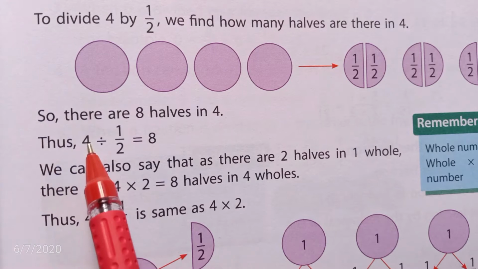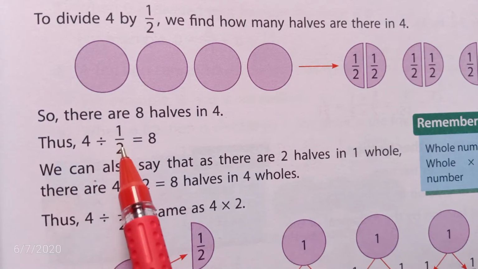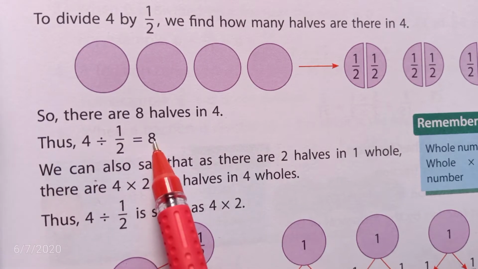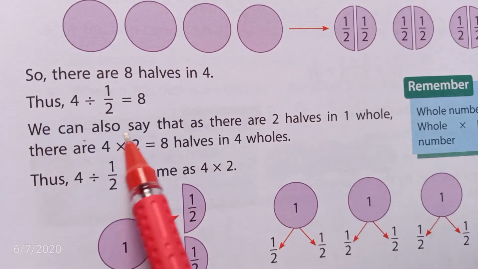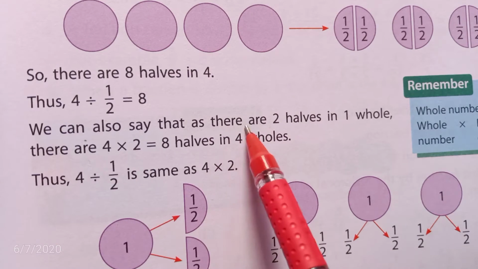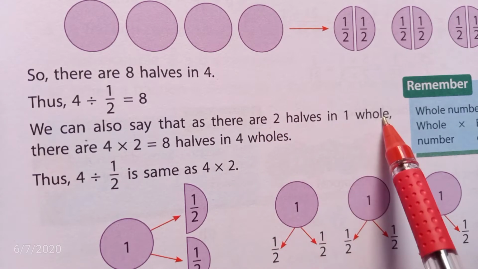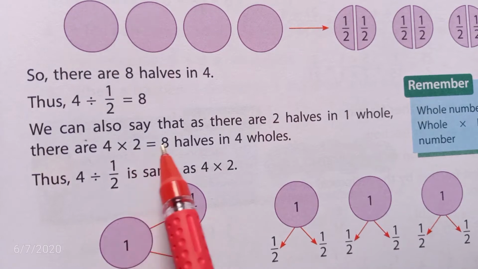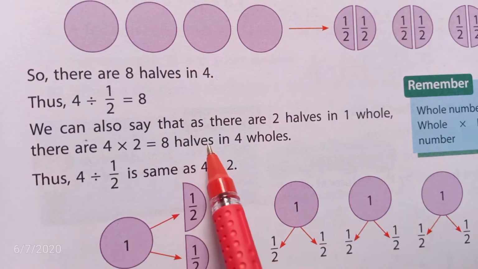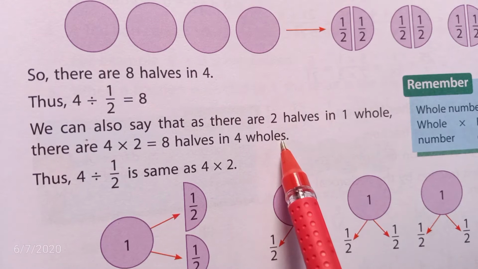Thus, 4 divided by 1 by 2 equal to 8. We can also say that as there are 2 halves in 1 whole, there are 4 into 2 equal to 8 halves in 4 wholes.